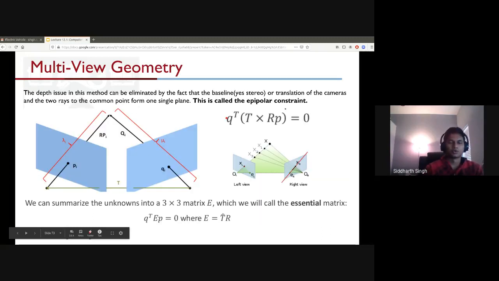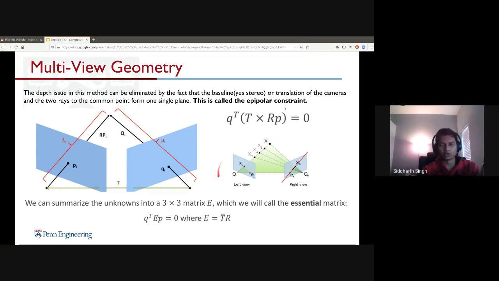Okay. So, like I said, by having this epipolar constraint, we have a wonderful trick up our sleeves: we can make the volume zero and make it this formulation which does not have mu and lambda, right? Does not have the depth.